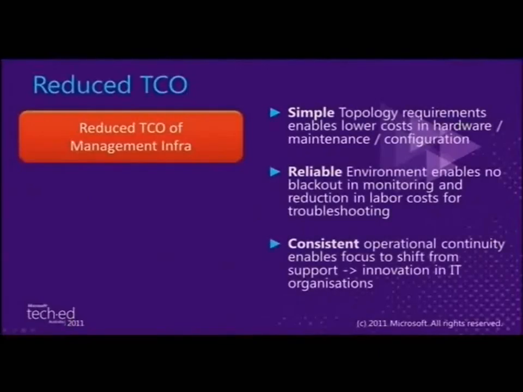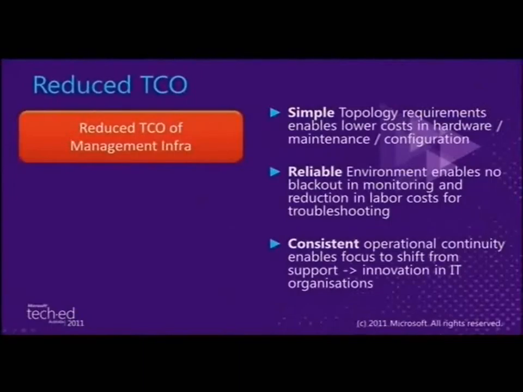Ops Manager 12 reduces the total cost of ownership because there are changes in the management infrastructure, and I'll show you that in a couple of slides. It simplifies the topology. What that means is we can now have lower cost of hardware because the topology is simpler. That also means there's less maintenance and less configuration associated with setting up your management group. There's a much more reliable monitoring environment, especially when we start to talk about cross-plat devices or network devices.